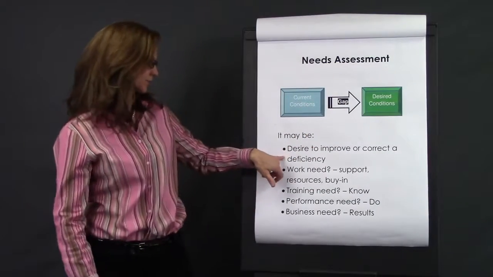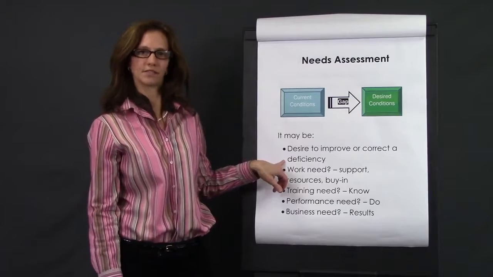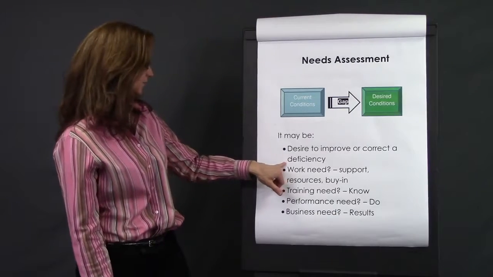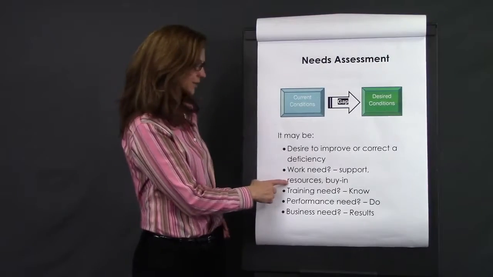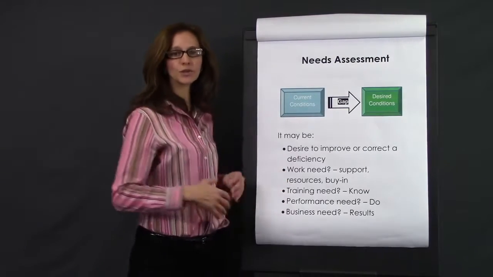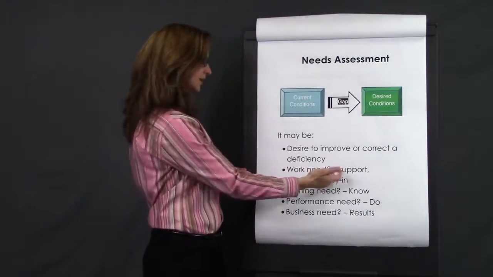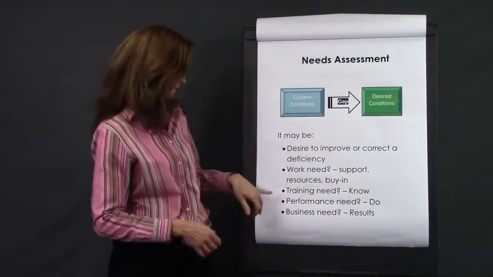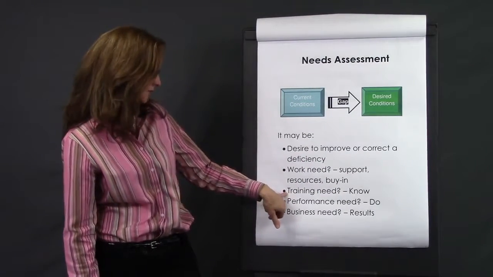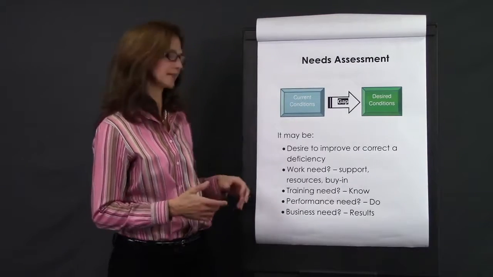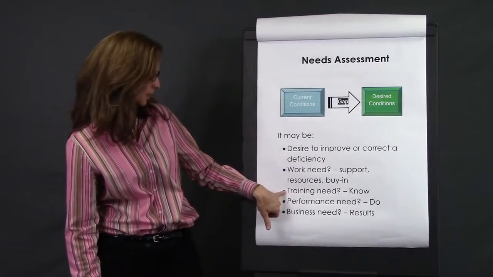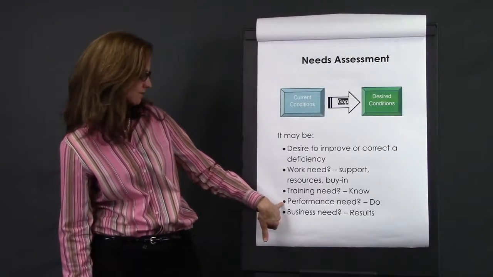It may be to improve or correct a deficiency. There might be something that's not working for us. It may be a simple work need, like we need support, or we need resources, or we need buy-in. So we're going to do an evaluation in order to get these things. Training needs: maybe there's a gap in knowledge, and people need to know something that will help them be more effective in their work.